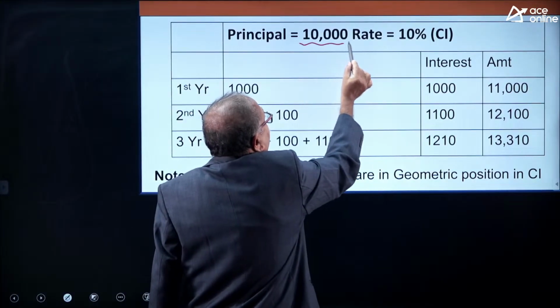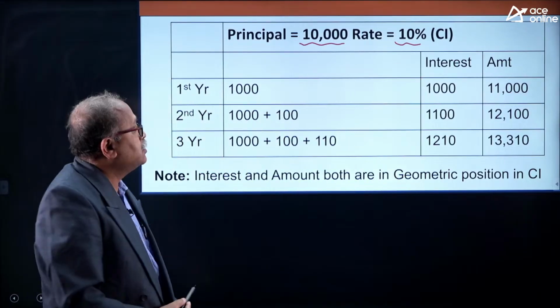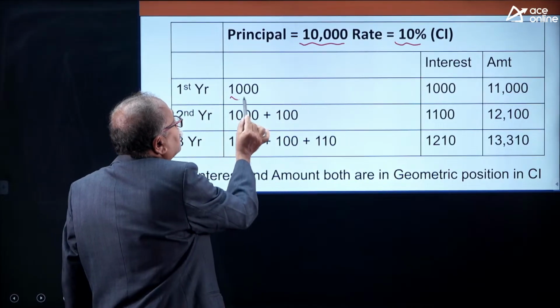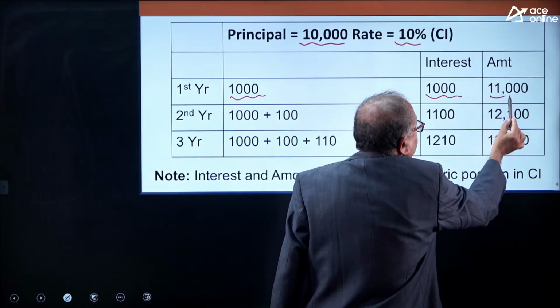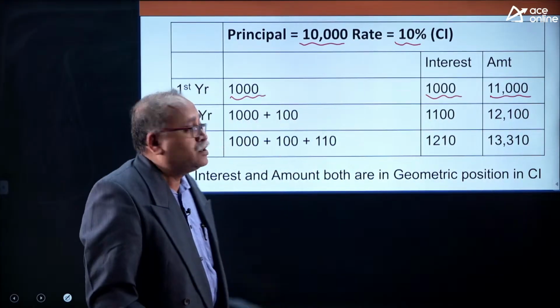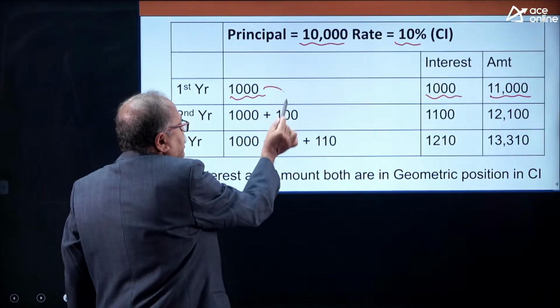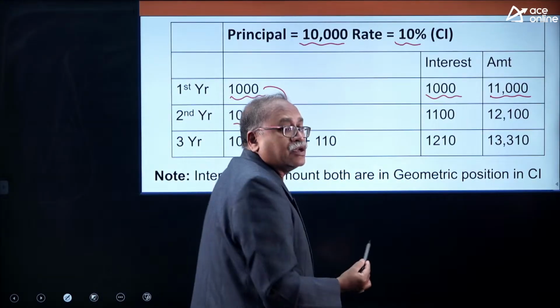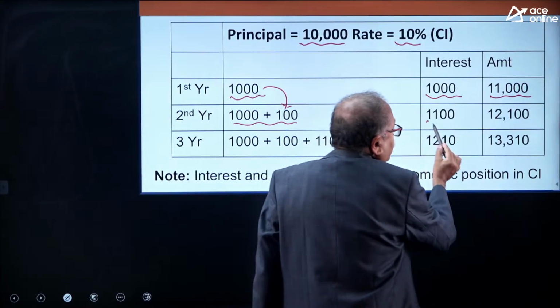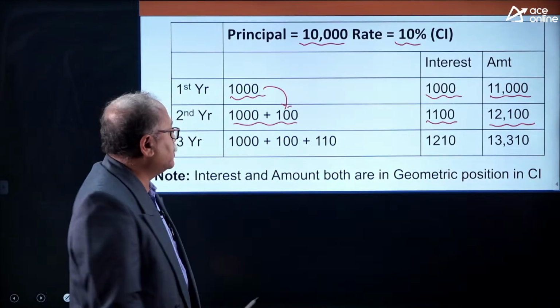Let's take 10,000 as the principal and 10% as the rate of interest in compound interest. So here you have 1,000 as the interest, your principal is 11,000, 10,000 plus 1,000. The next year what happens? You will add this 10% on this. So the next second year it is 1100 as the interest, your principal is 12,100.